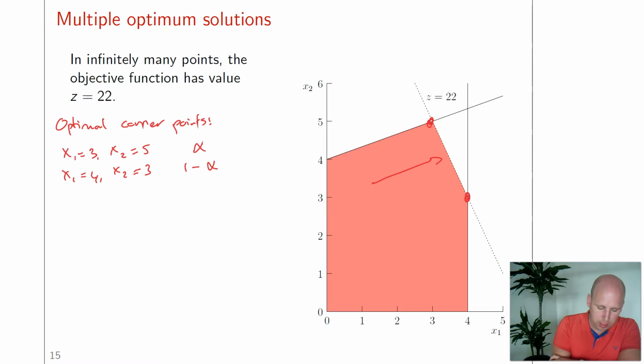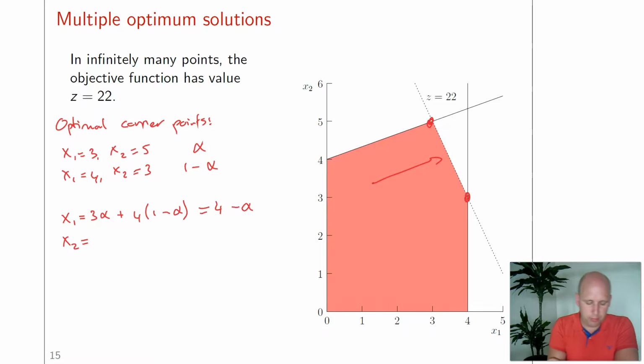So if we multiply the first solution by alpha, then you get 3 alpha plus 4 times 1 minus alpha. That will be the value for x1. And this gives us 3 alpha minus 4 alpha is minus alpha, and we have the 4. And x2, so the 5 is multiplied by alpha, the 3 is multiplied by 1 minus alpha, and this gives us 5 alpha minus 3 alpha is 2 alpha plus 3, so 3 plus 2 alpha.